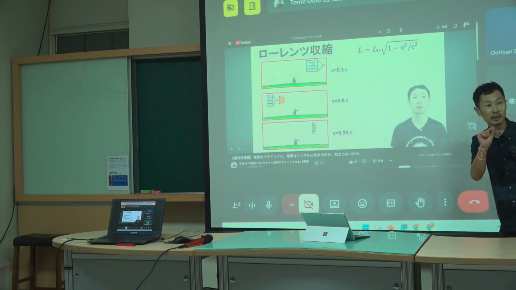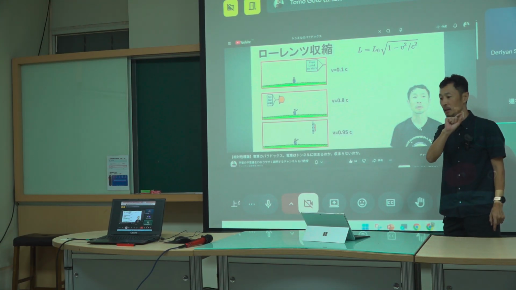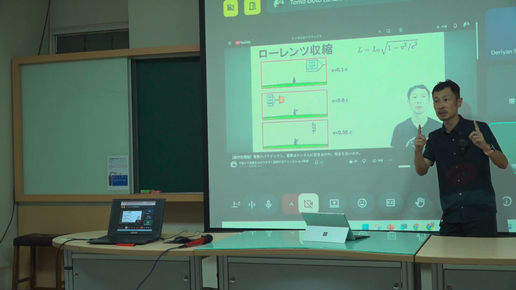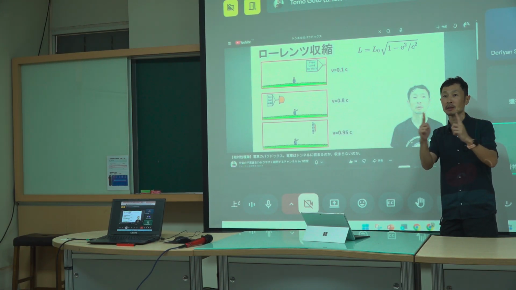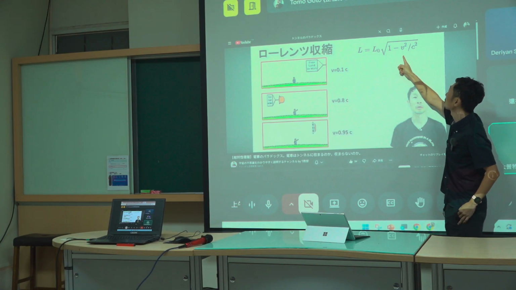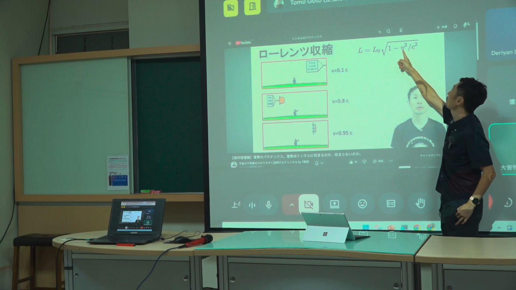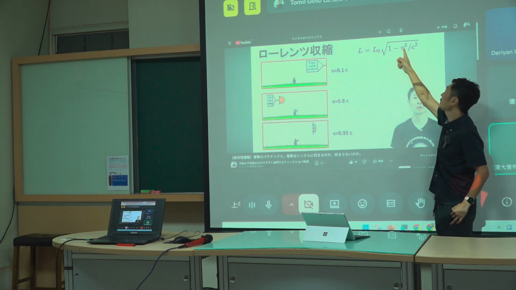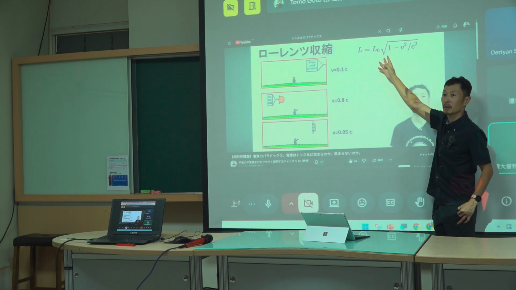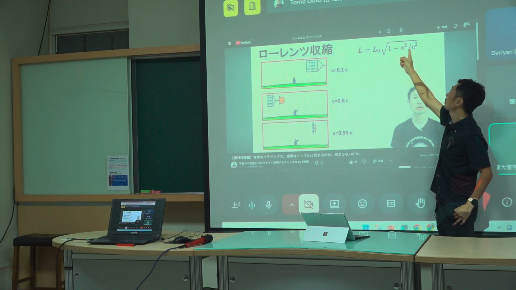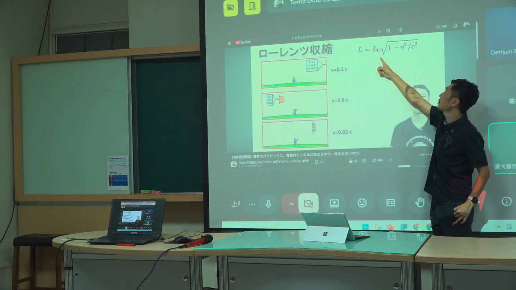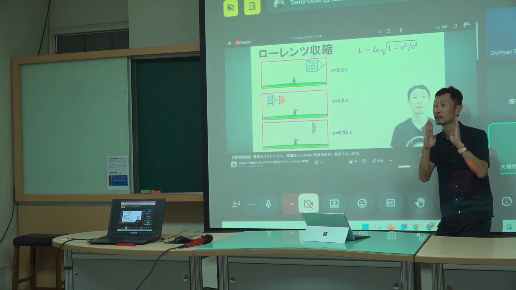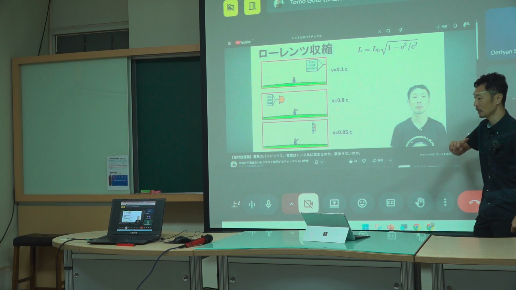In special relativity, if an object is moving faster, it gets shorter, by this amount. If c, the speed of light, is very large and the velocity is small, it's almost the same. But if you're very fast, close to the speed of light, then the length gets shorter. Okay, have you heard of that? It follows this formula.